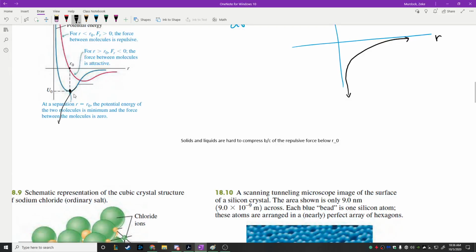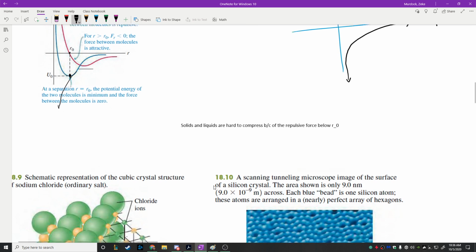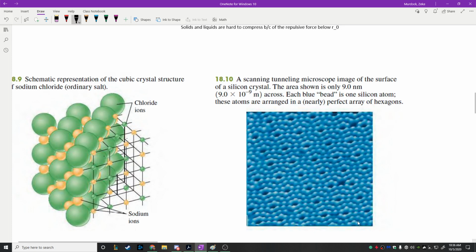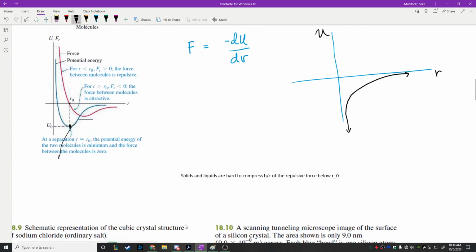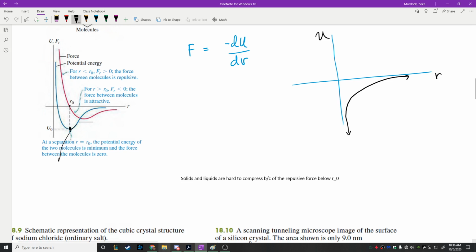And it's all because there's this equilibrium position where the potential energy of the two molecules is at a minimum and the force is 0, so you can form these stable interactions. It's kind of like if you have a bowl shaped like this, and inside that bowl you put a marble.